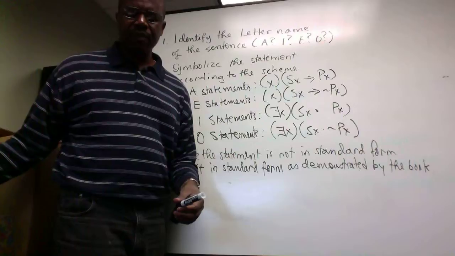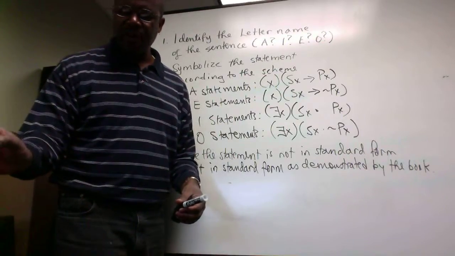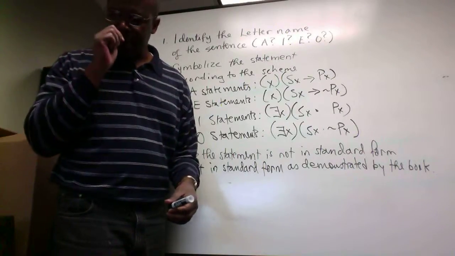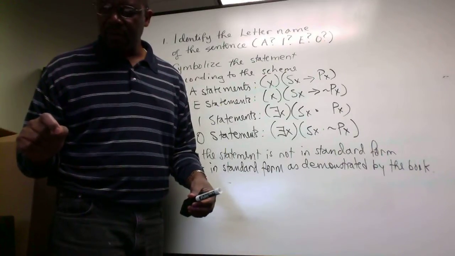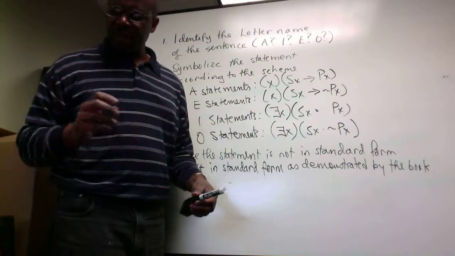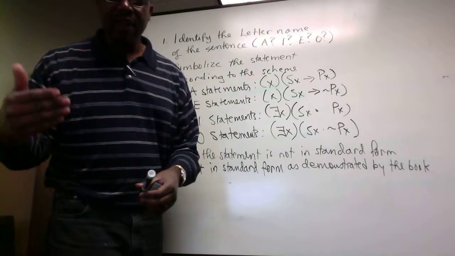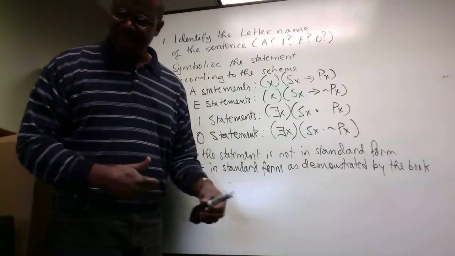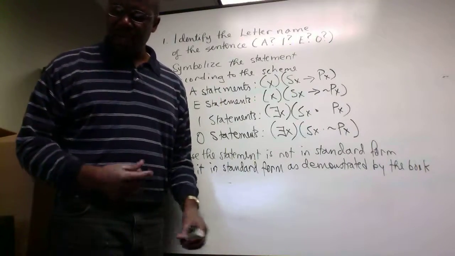See where a stylistic variant falls, and then refer to its standard form. The standard form is put in red, and the stylistic variants are underneath. So for an A statement, the standard form is all S are P. The stylistic variants are: every S is a P, each S is a P, any S is a P, if anything is an S then it is a P, things are S only if they are P, only P are S.